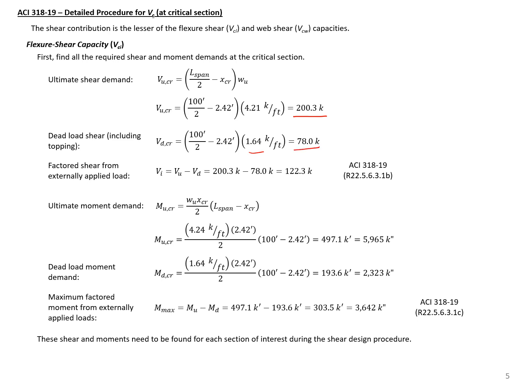Using that, we can find the factored shear from the externally applied loads, which is here 122.3. We need to find the same values, but for moments: our ultimate moment, our moment from just the unfactored dead load, and also our maximum factored moment from the externally applied loads. We'll use these shears and moments in the following design equations.